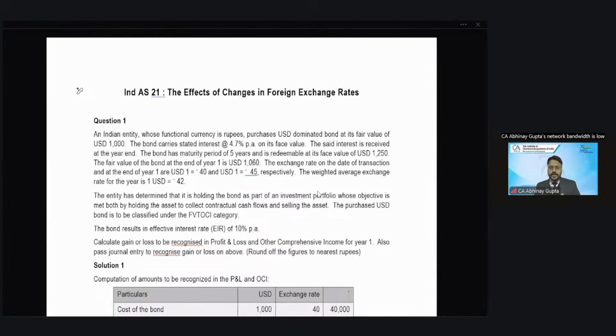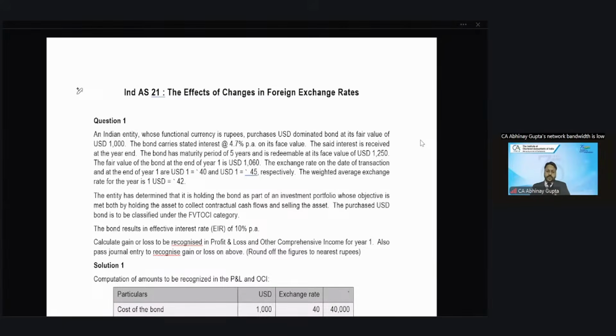If anybody can tell me. What are the three types of currencies? Reporting currency, foreign currency, presentation currency. Okay.